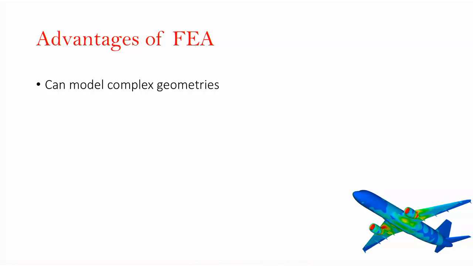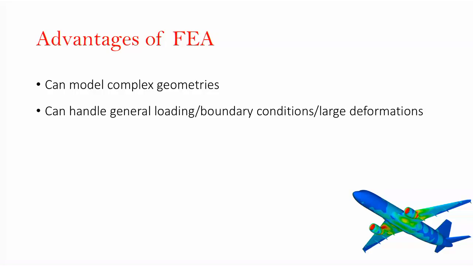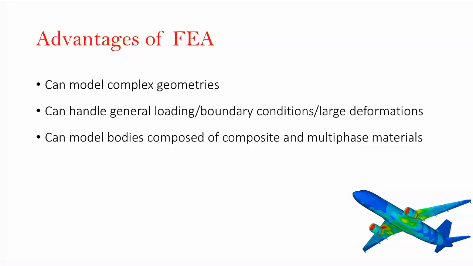So if I want to summarize the advantages of FEA, by using FEA, we can model complex geometries. We can handle every boundary condition and every loading. It doesn't matter if the structure has multiple materials or is made of one single material.